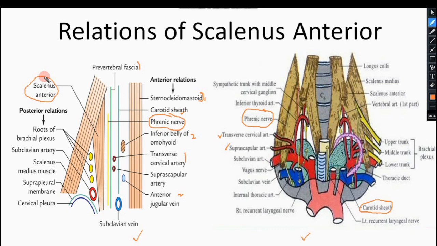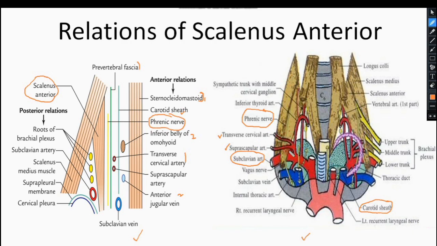Now these are the structures from in front, from before backward. Now we will see such structures which are present behind this scalenus anterior. Behind this scalenus anterior are the second part of the subclavian artery and this important muscle scalenus medius. Clear?